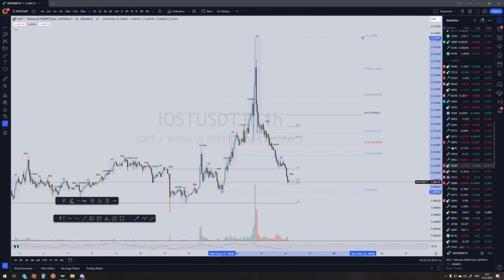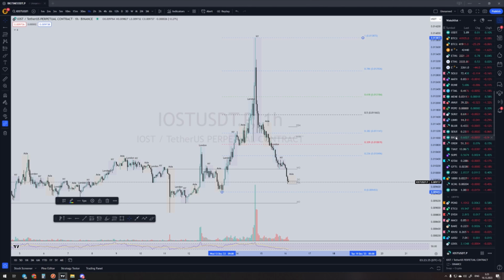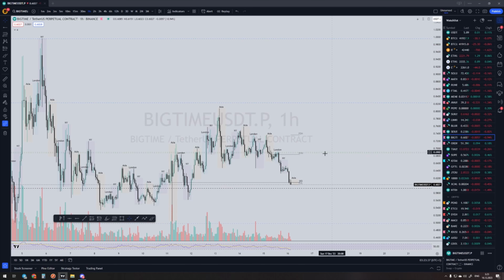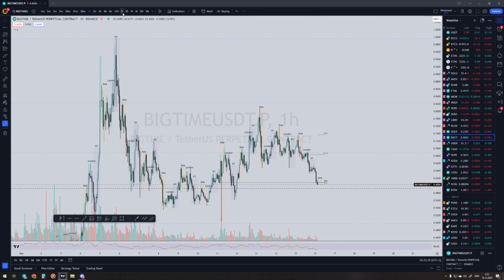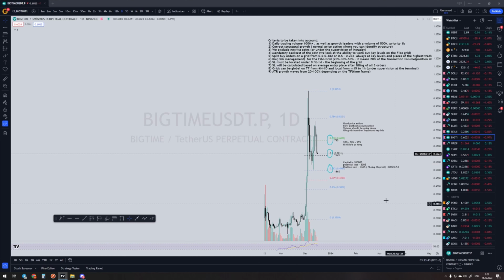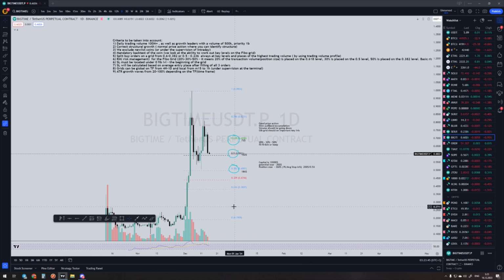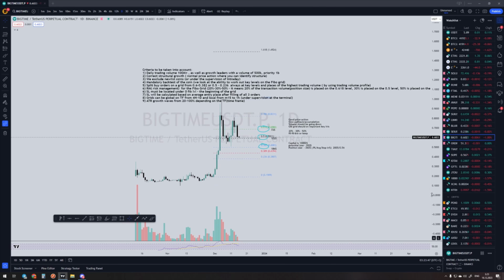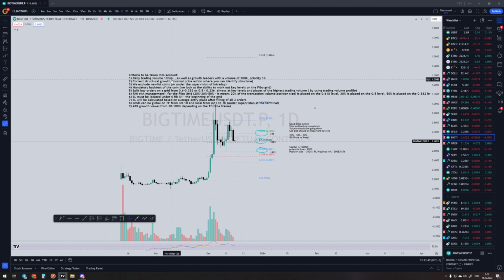So let's go step by step again through what you have to do. Try to use it on high time frames, from 1 hour till the daily time frame. You also have to have big trading volume, above 1 million, or growth leaders with volume of 500k, so newly listed coins with good price action.